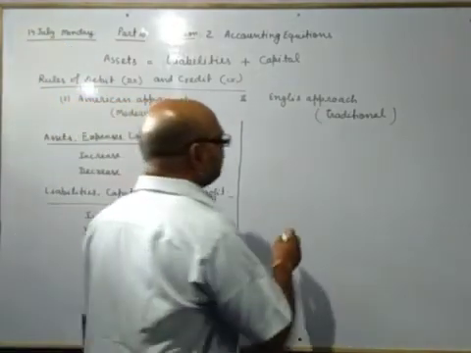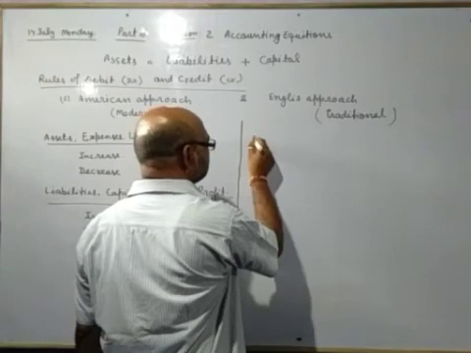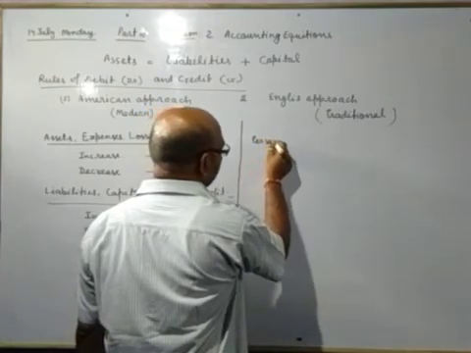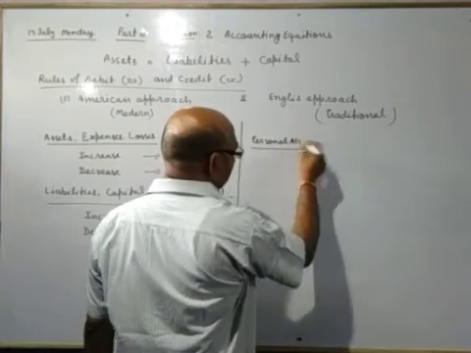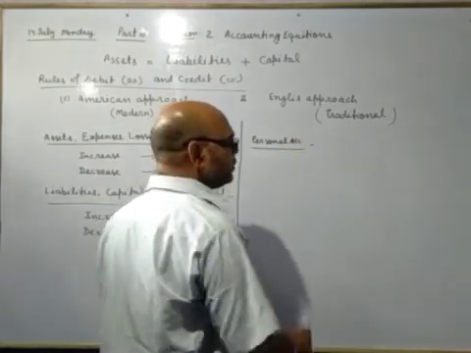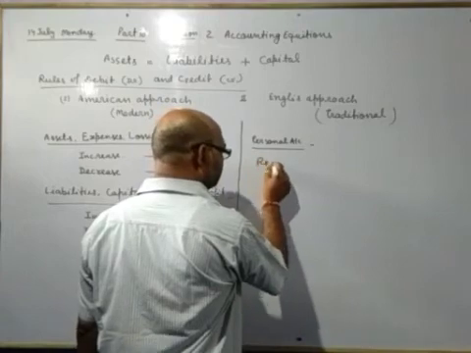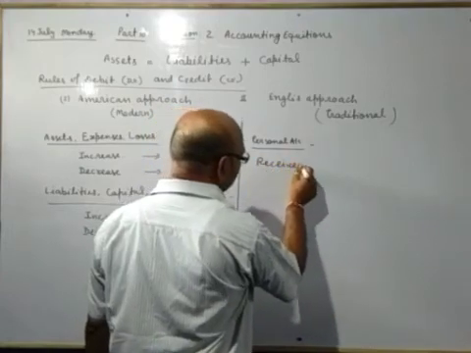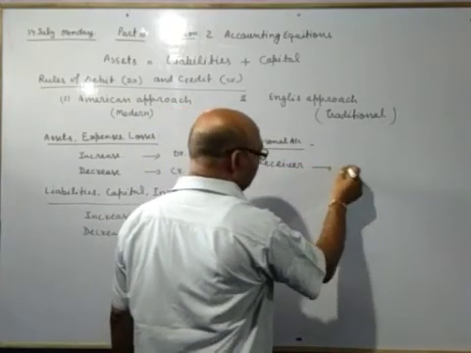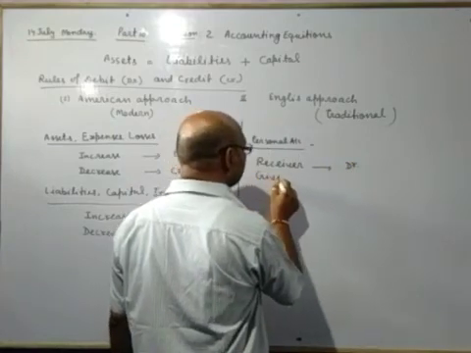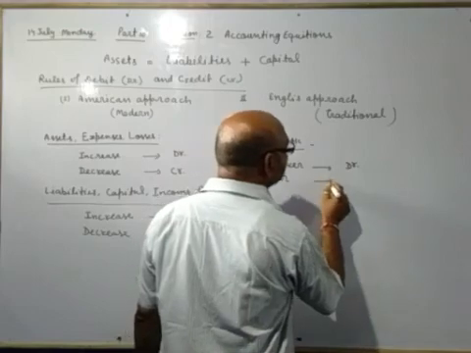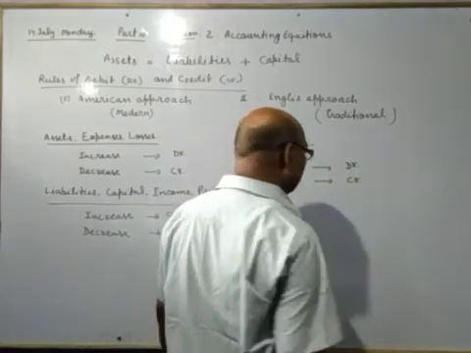So first we see the personal account. According to this approach, the receiver always will be debit and the giver always will be credit.